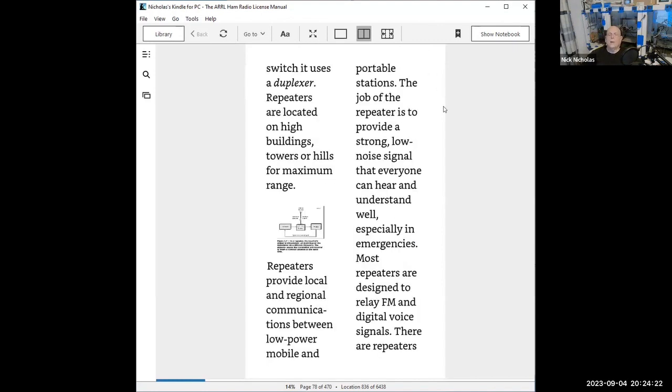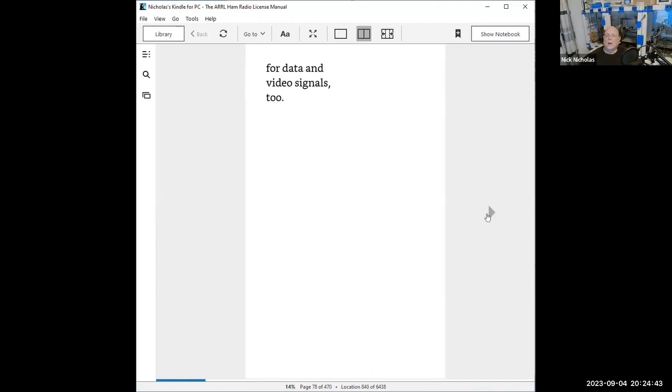So the way a repeater works, a repeater will have a frequency that defines the frequency you as the ham will listen to when you're using a repeater. The repeater will have a frequency offset. The offset is how far away, plus or minus, in the radio spectrum you should transmit.